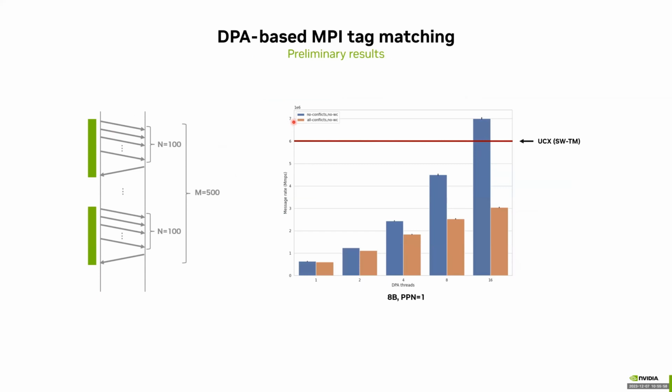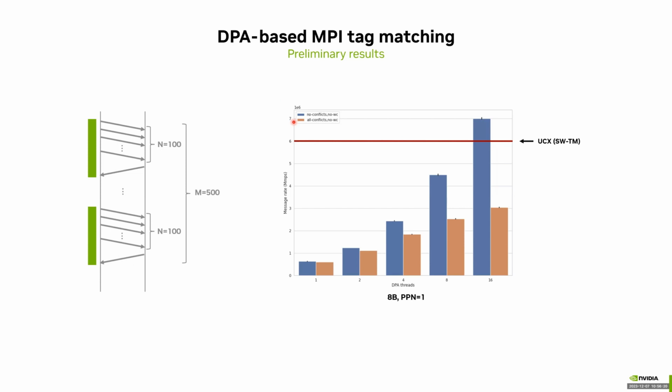The message rate is not the only metric, but it is the metric of interest for us, because these DPA threads do not care about data, right? Whatever the message size is, their job is just to do the matching, which is independent from the data. They just care about the header.